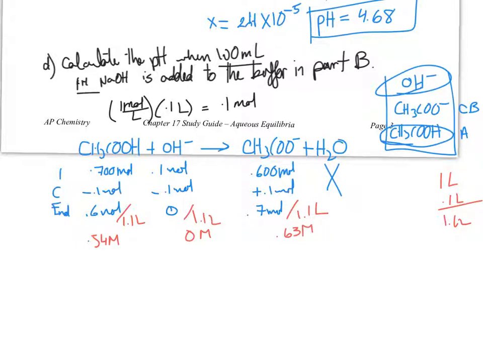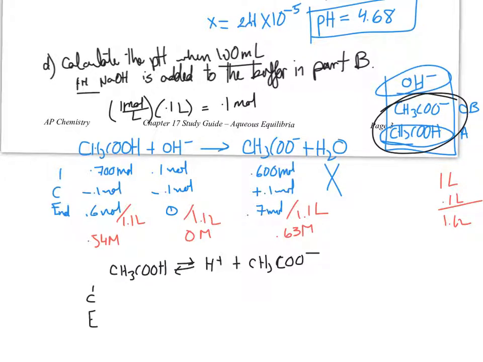So now I set up an ice chart for the dissociation of my buffer. My buffer, remember, was this. So it's an acid and its conjugate. So I write my acid dissociation equation, acetic acid going to H plus and acetate.